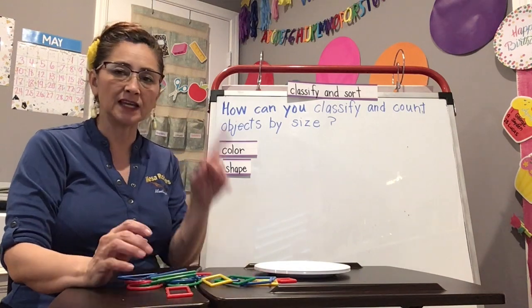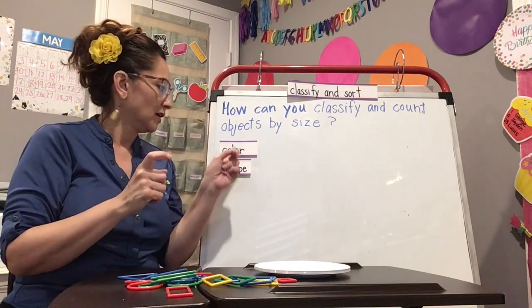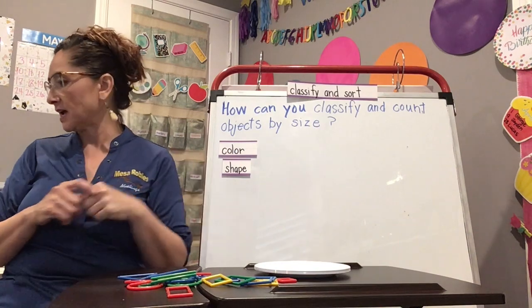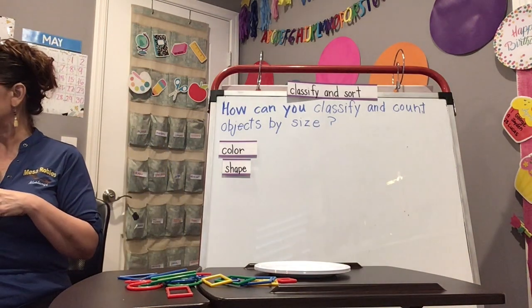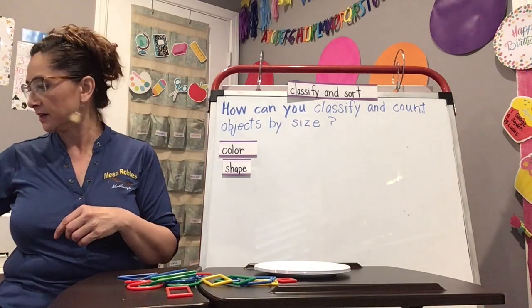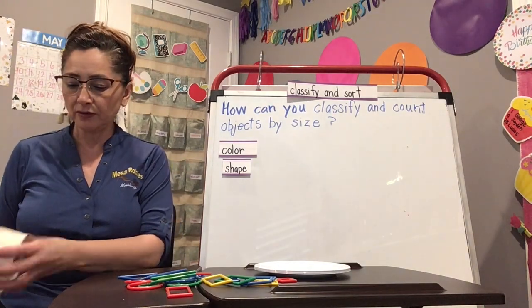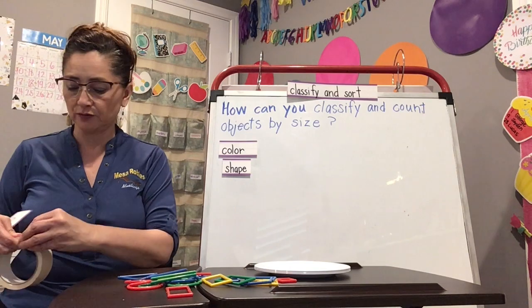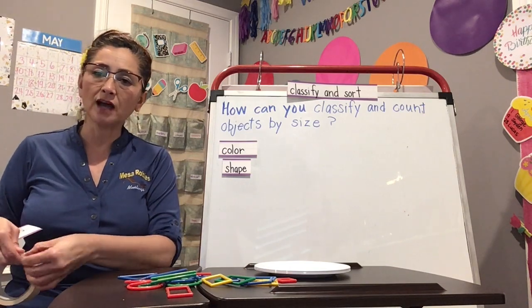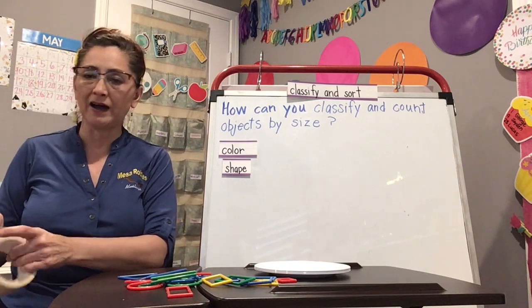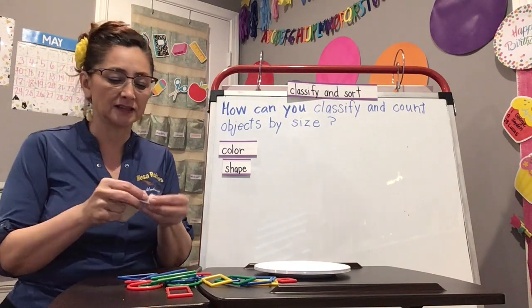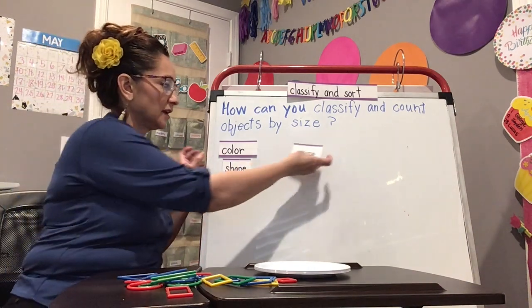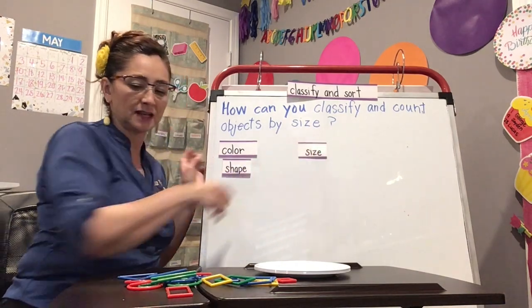So if we're thinking about size, we know, oops, sorry, size is not on there. If we're thinking about size, and size is right over here, let me put it up for us on the board to remind us. When we're talking about size, we're talking about how big or small something is. So if we take a look here at the shapes, here we are doing size today.